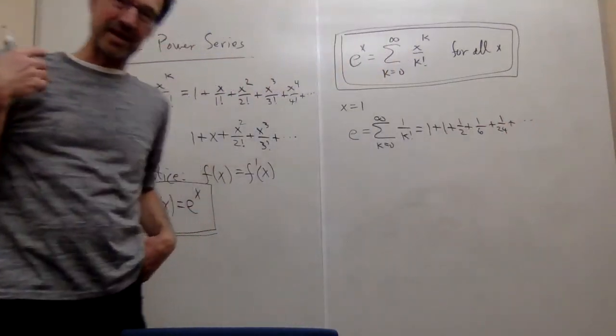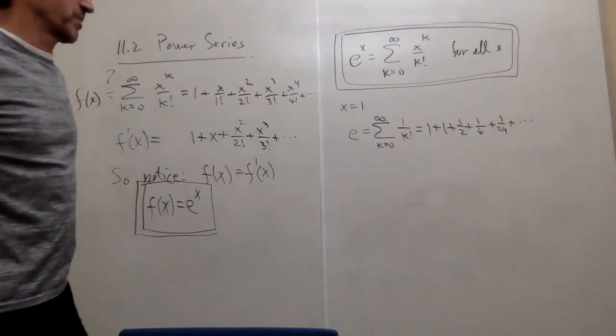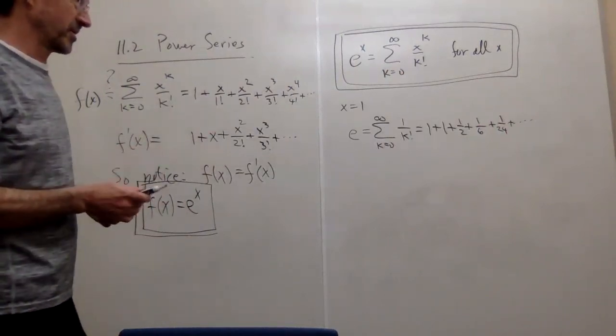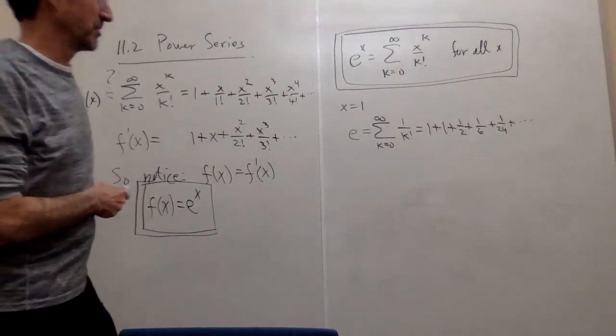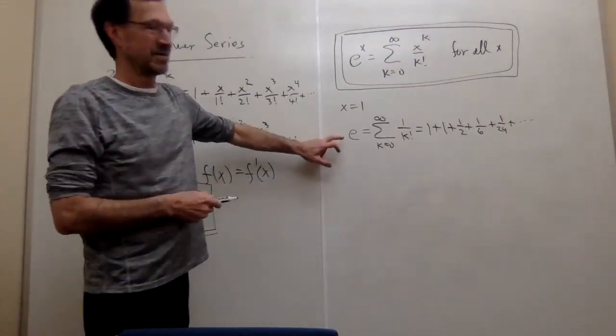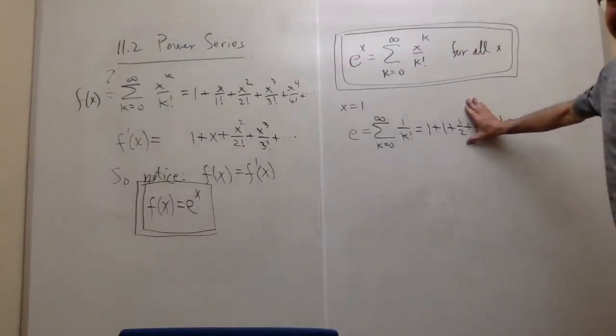Some people might take that as our definition of the number e. In calculus, probably we would use some of the work we've done earlier as our definition. But we get just a beautiful result. Now, remember, e is, what, 2.7-ish? The first 3 terms were up to 2.5.